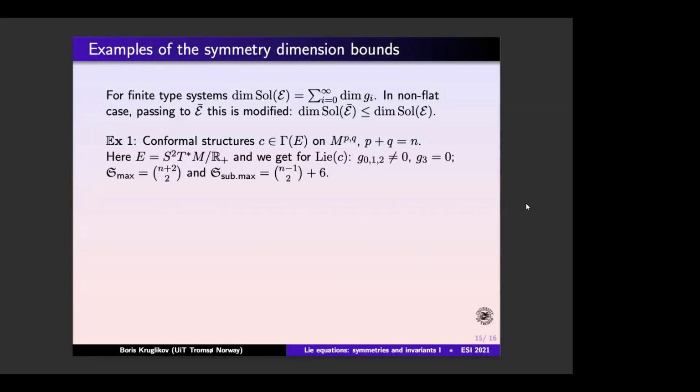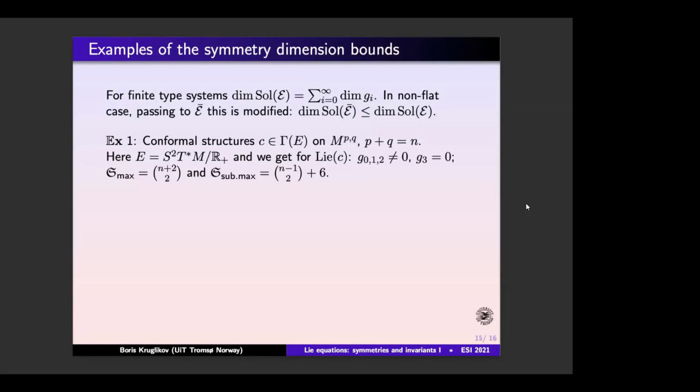We write the Lie equation for conformal structures, and then we see that the first three symbols will be non-zero. Note that I discuss here the index notation as in Spencer's theory. If you use the parabolic one, you have to shift it by 1 down. Instead of G0, 1, and 2, you get the more symmetric minus 1, 0, and 1, which is actually proper for Lie algebras, but would be unmotivated in the very general context.